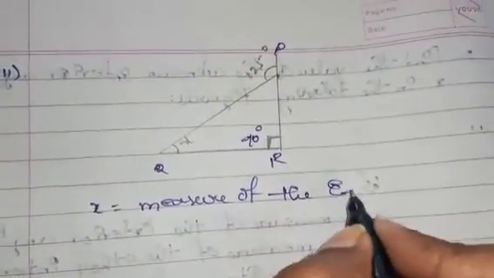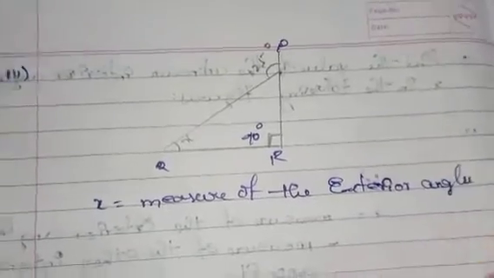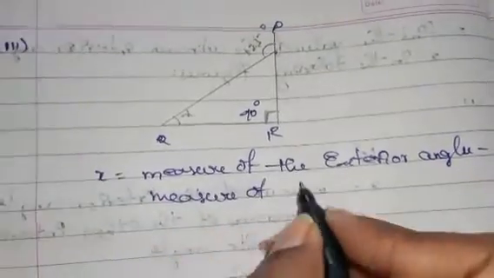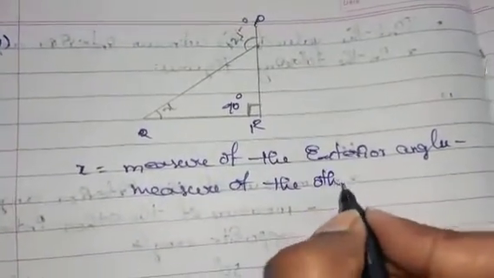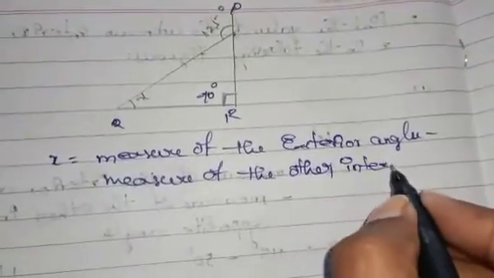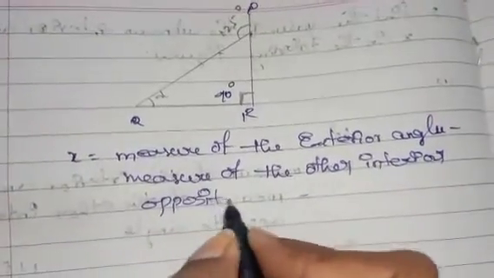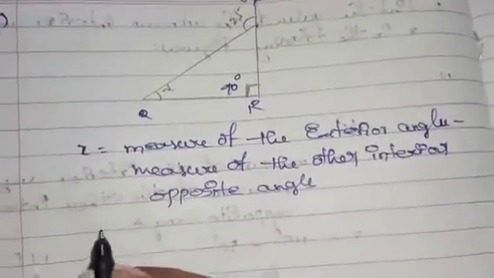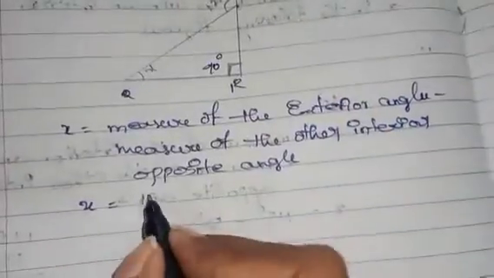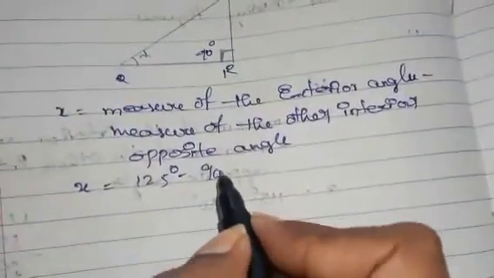Now use the property: x is equal to the measure of the exterior angle minus the measure of the other opposite interior angle. Now x is equal to the measure of the exterior angle, here 125 degrees, minus the interior angle, 90 degrees.